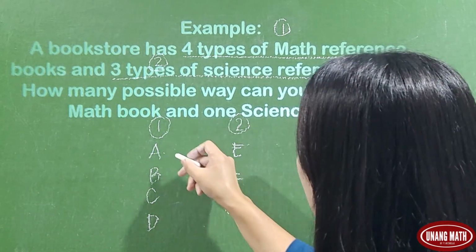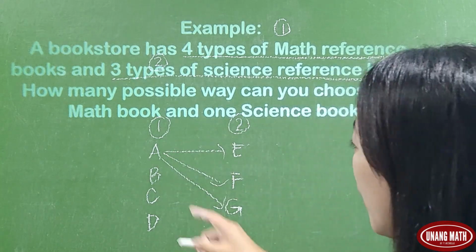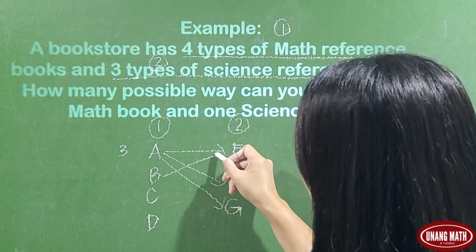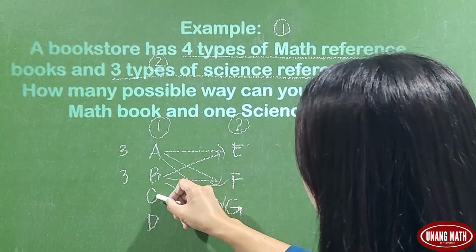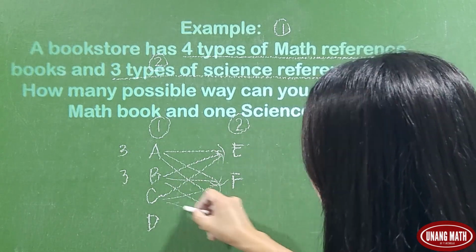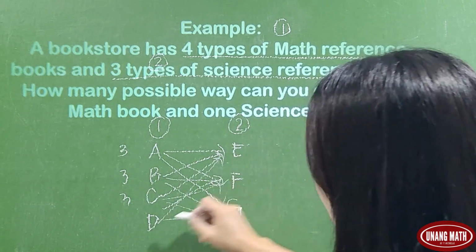This math book can be paired to this one, to this one, to this one. So this is now 3 possible ways. This one can be paired to this one, here, and here. So another 3 possible ways. This math book can be paired to this science book, this one, and this one. This one, this one, and this one.